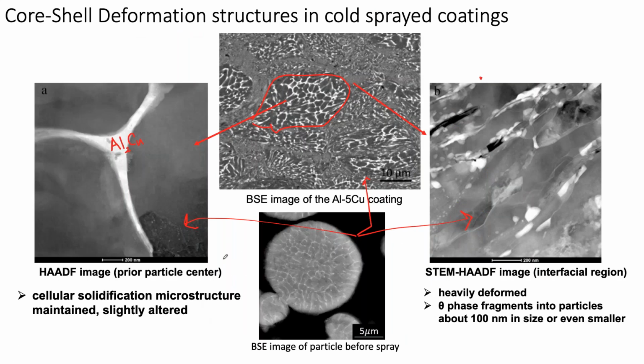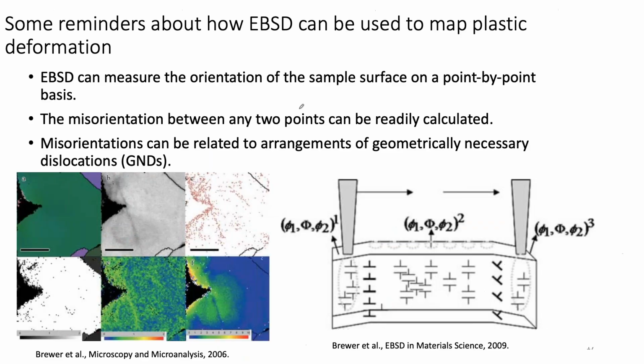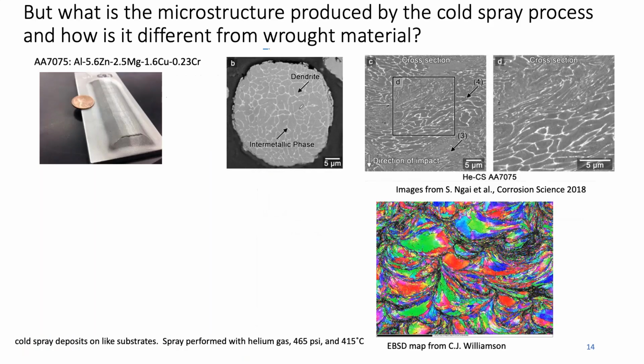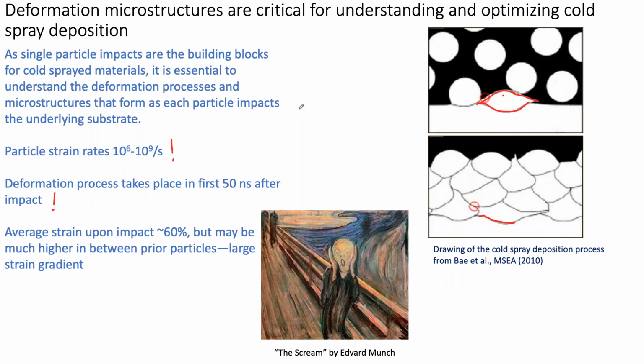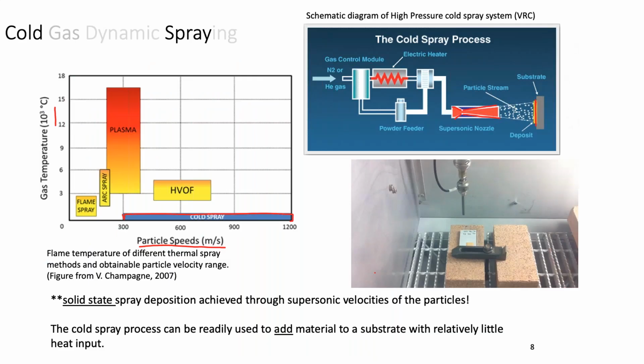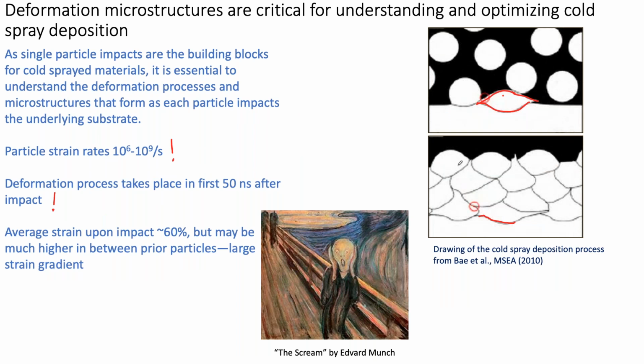This is what particles look like in a coating, or actually, I think the cartoon by Bay is even better. So depending upon the properties you require from the material, it's going to set the minimum thickness that you can make, right? So this is 1, 2, 3, 4 particles in this cartoon.